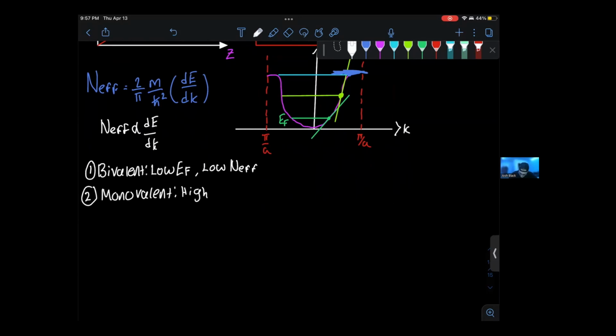High Fermi level, high effective electrons. And the third model we went over were insulators, where the derivative of energy with respect to K is equal to 0.